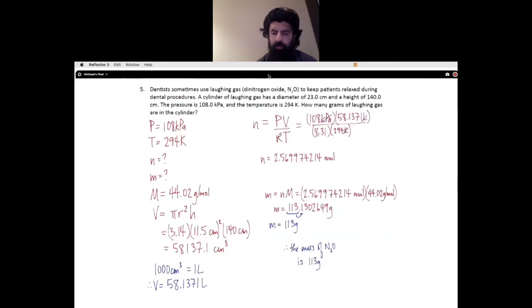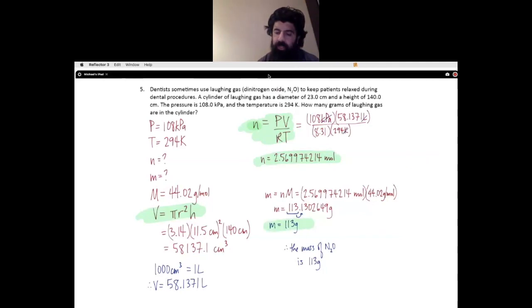Okay, and we're just going to quickly go to this last one here. Typically, I don't give these ones on an evaluation, because one of the things here I ask is to find the volume of a cylinder. But anyhow, we are isolating here to find the number of moles, right? Using our ideal gas law to find the number of moles. Once we have that, then we can find the mass.